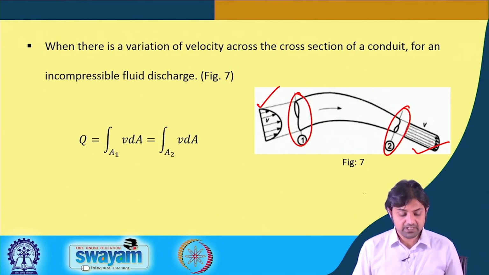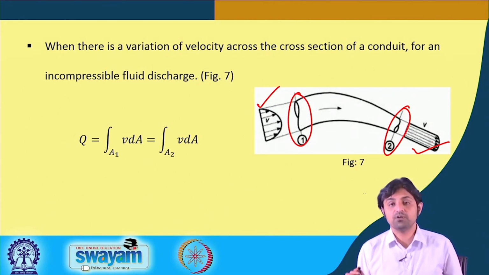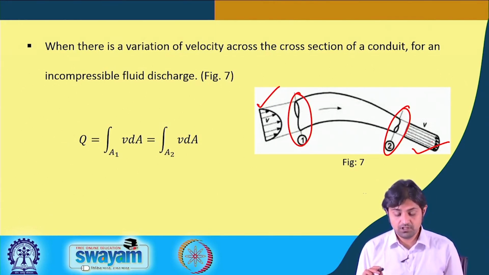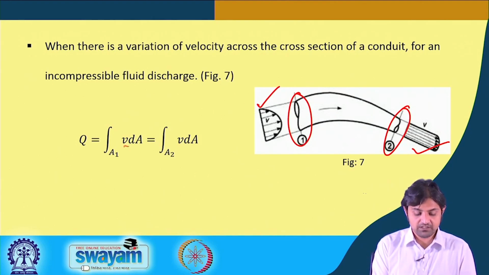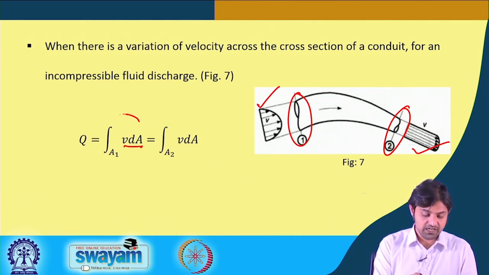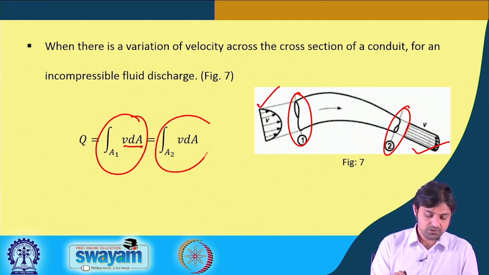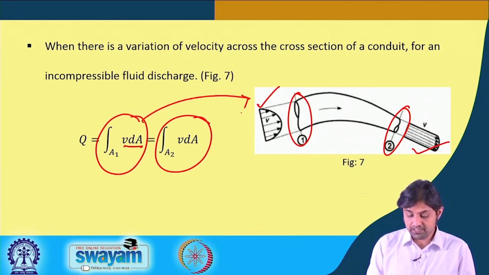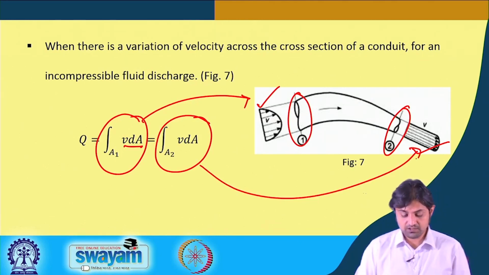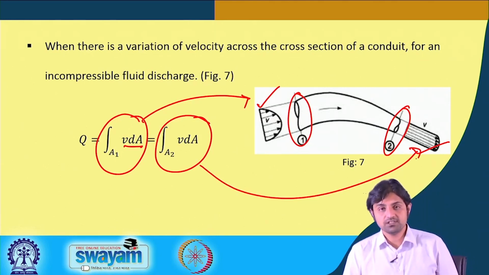The equation of continuity will still hold, but because the velocity is varying across the cross section, instead of writing V1 A1, we integrate the velocity with area for the entire surface and do it on the other side as well. So let us say this side is A1 and this is the other side A2. No change, just that we have to use a differential or an integral form here.